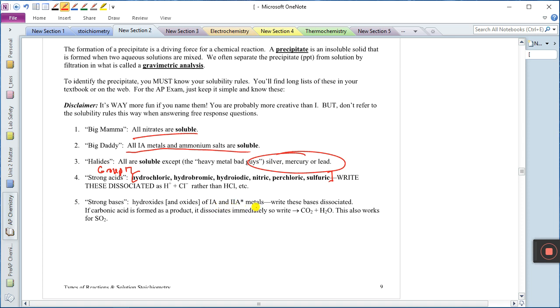Do not write beryllium hydroxide or magnesium hydroxide as dissociated, unless it, for some reason, explicitly tells you they should be. But yeah, this one doesn't get asked about a lot. This one they will generally tell you other things. Nitrates being soluble, 1A and ammonium being soluble, halogens, except the exceptions, being soluble, and memorize your strong acids. Those are the big things.